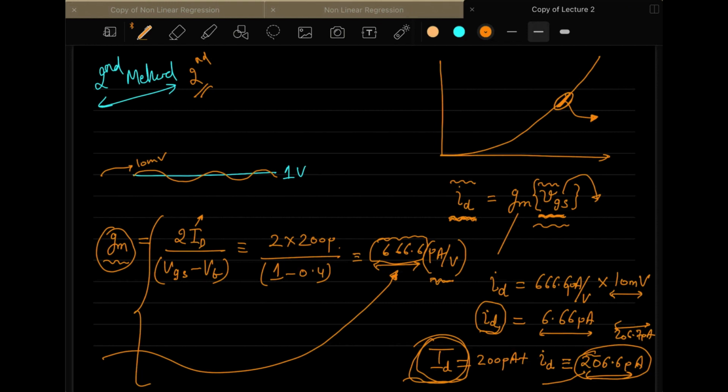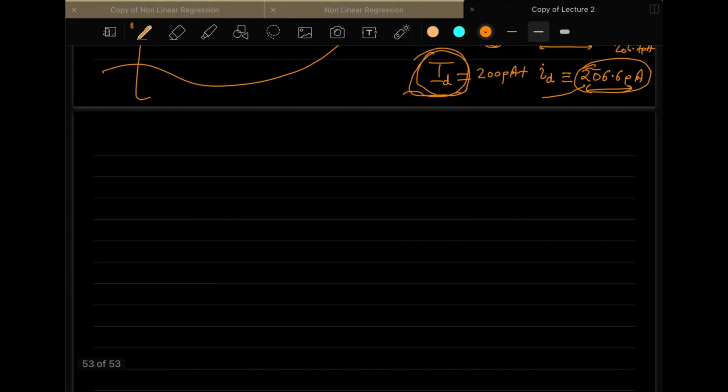So what is the takeaway from this example? If some small signal analysis is going on, then you are replacing the MOSFET by this circuit.